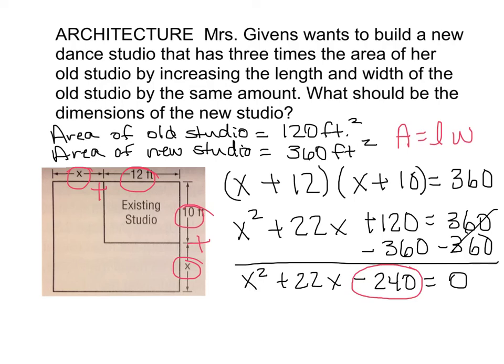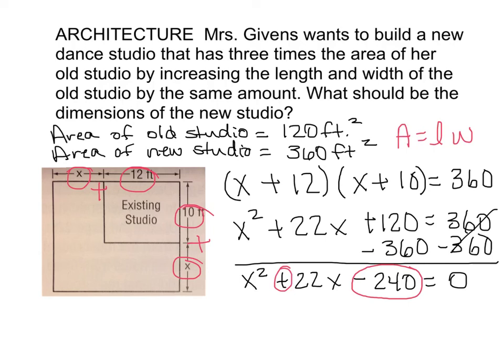Well, I'm going to take a shortcut here. I know that 8 times 3 would give me 24. So I know also that 8 times 30 would give me 240. Now I need to determine which number is going to be positive, the 8 or the 30. We do that by looking at the middle term here. Since the middle term is positive, that larger number is going to be positive.